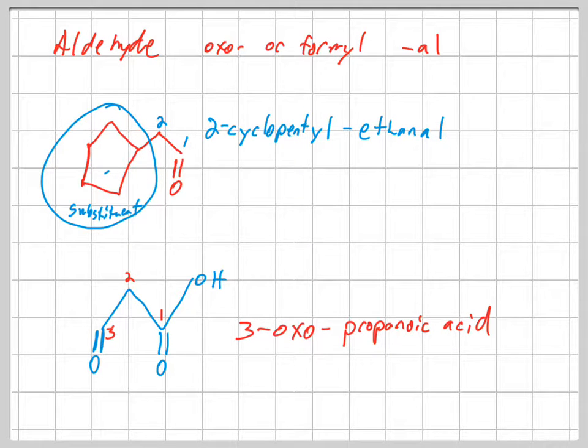Now, if you haven't caught on already with the carboxylic acids, they're always going to be on carbon 1. So that's why you'll never see propanoic acid with a number on it or butanoic acid with a number on it. You could have a diacid where you've got a carboxylic acid on two ends of a chain. But once again, you wouldn't need to number it because it has to be on the end of the chain. So that's a very special case.